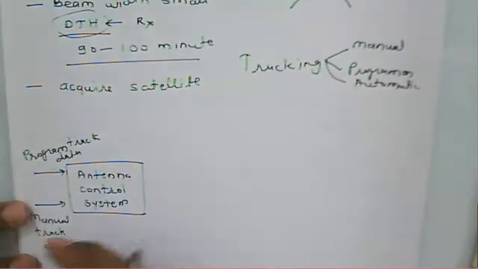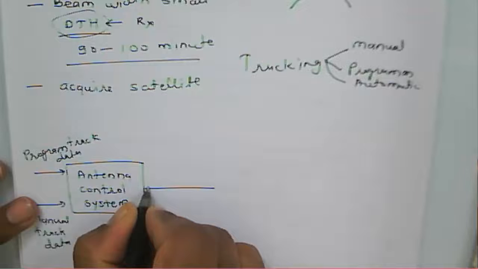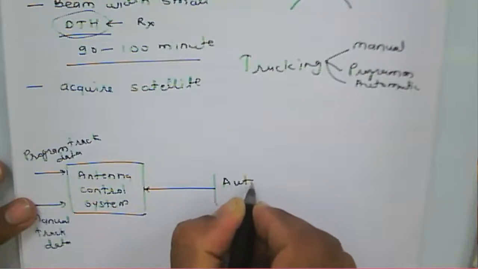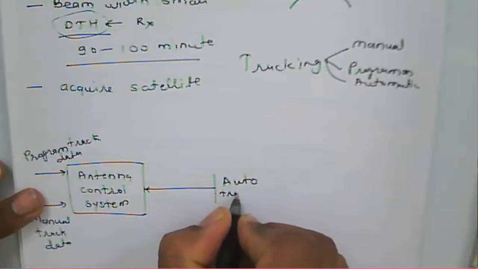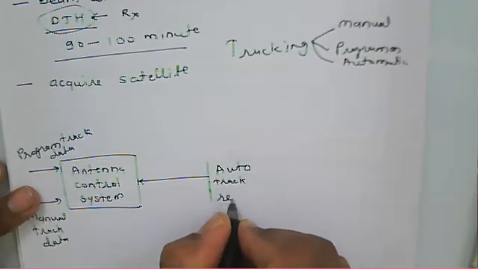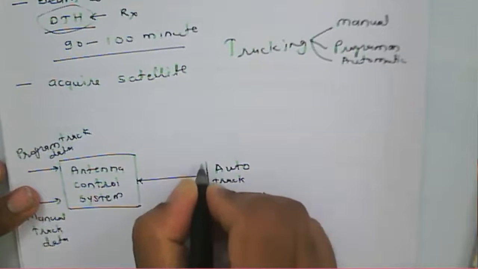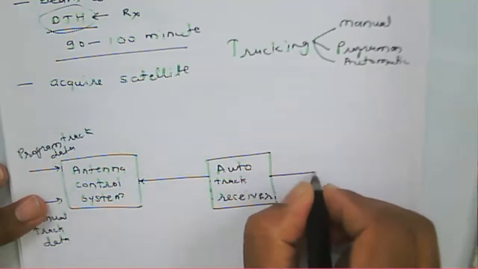In the case of an antenna control system, we require data from the satellite. That means a small sample signal is sent, and then that sample signal is received from the satellite.